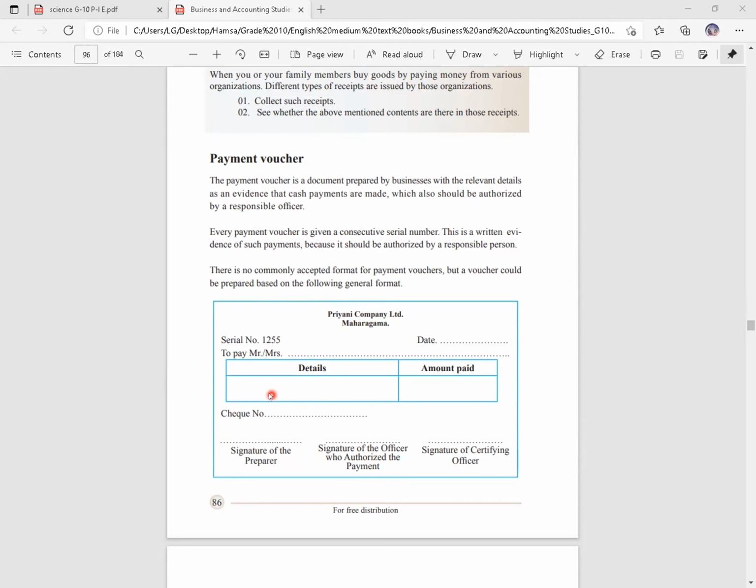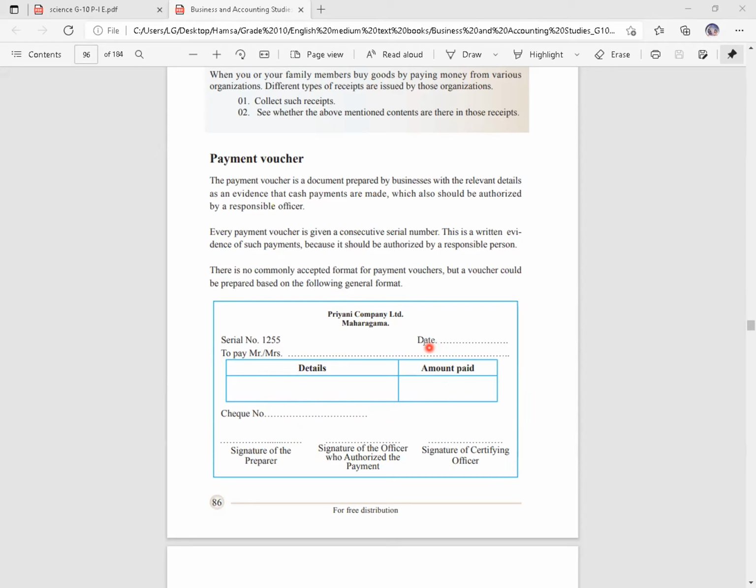You should mention the details: for what purpose I have given the money, what is the amount, whether it is a check or cash. If it is a check, you have to write down the check number. To whom you're paying, if it is a bank or a particular person, you have to write down the name. All these things should be mentioned when you're making the payment, right?